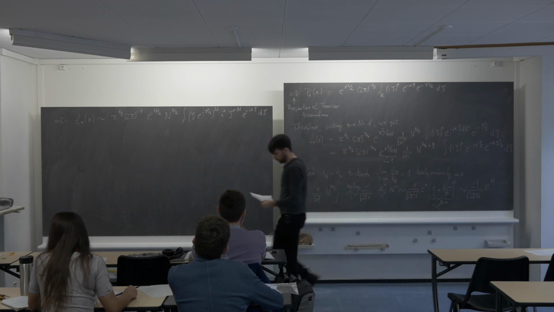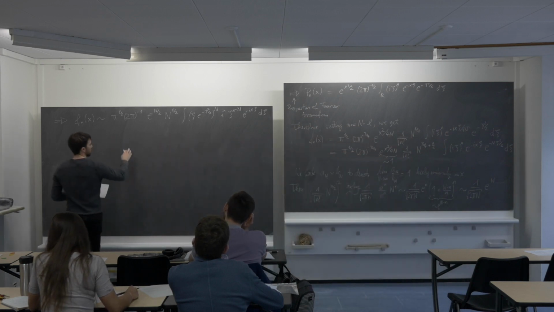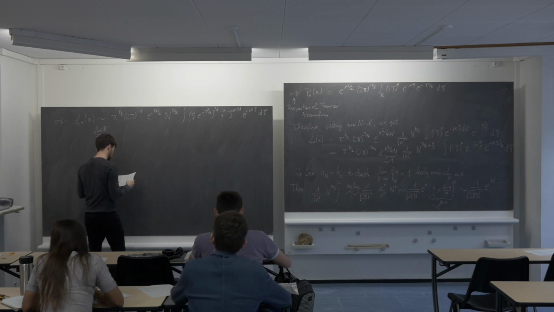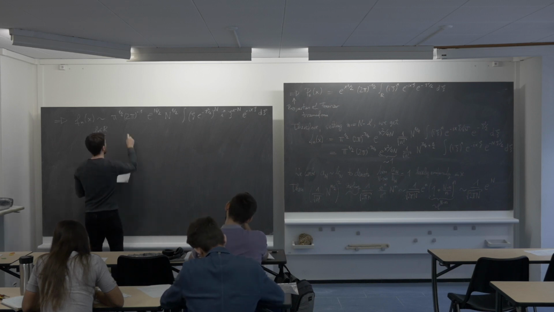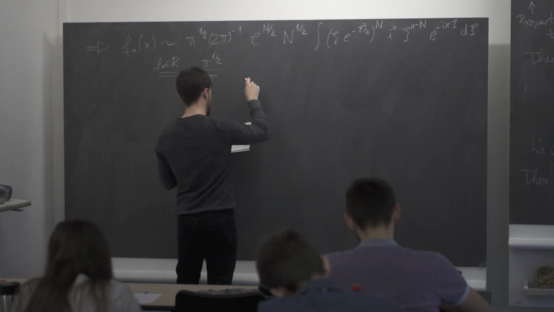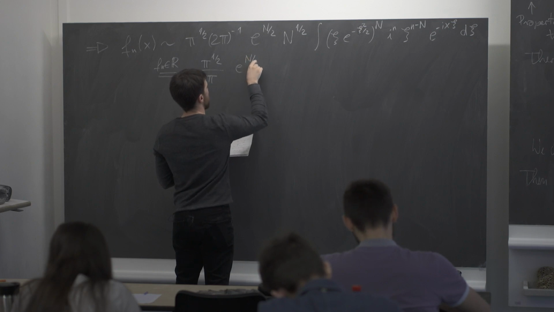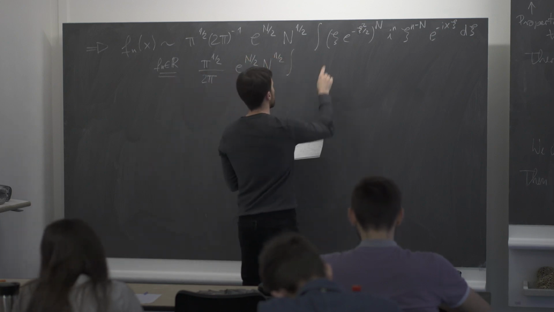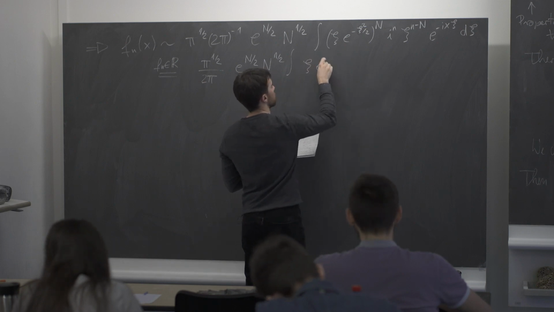So the F_n is also real. But if I use that, then also the right-hand side here must be real. So I can just take the real part of this right-hand side here, 2 pi, and now this is of course real.